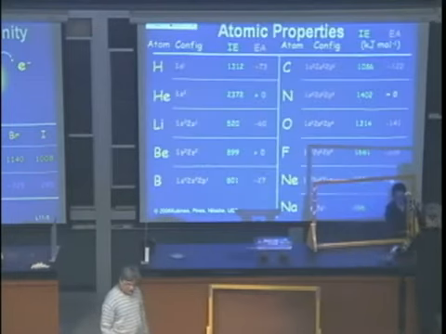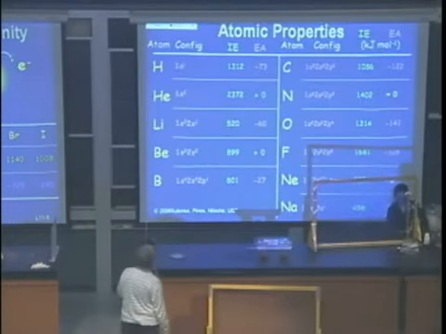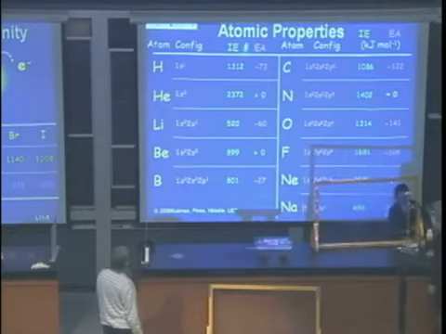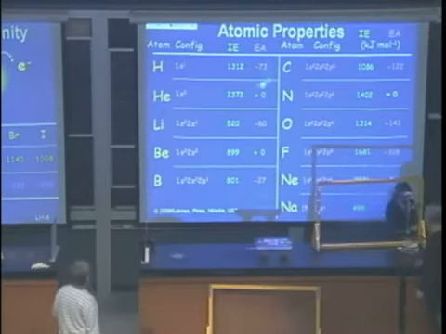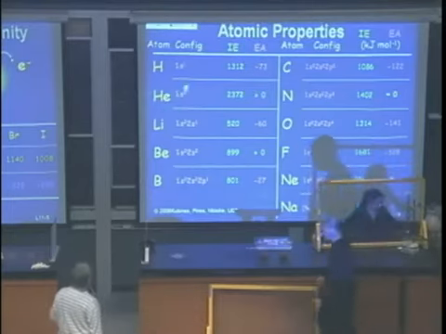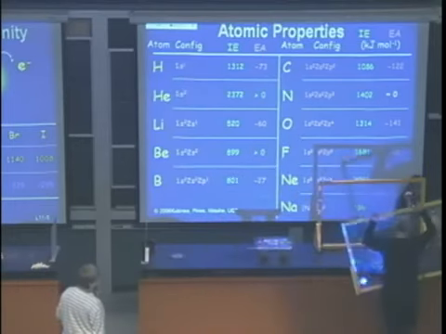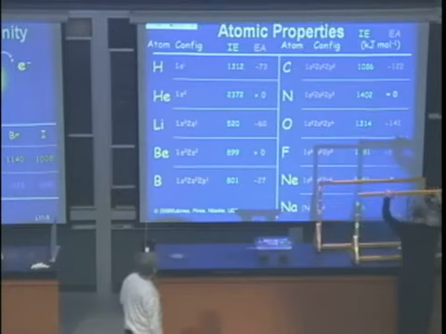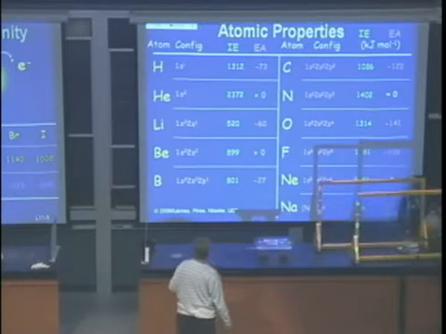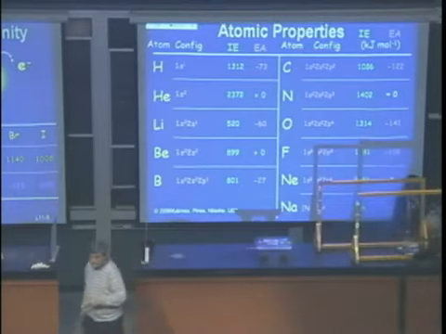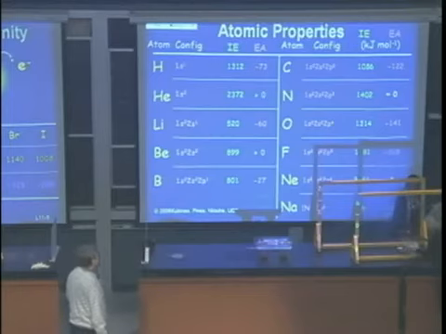Now you look at here, we have some of the ionization energies and the electron affinities. I just want to point out, you can ionize helium, but helium doesn't really like to take on any extra electrons. You can ionize neon.